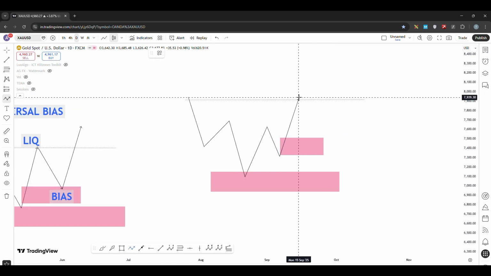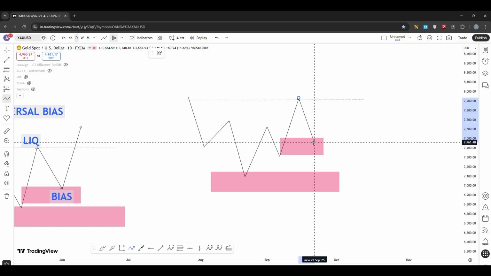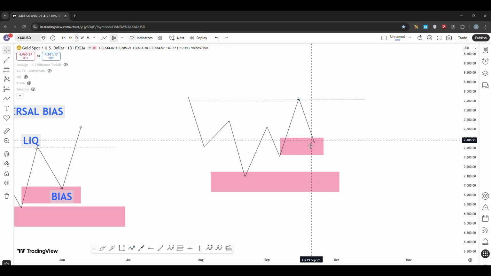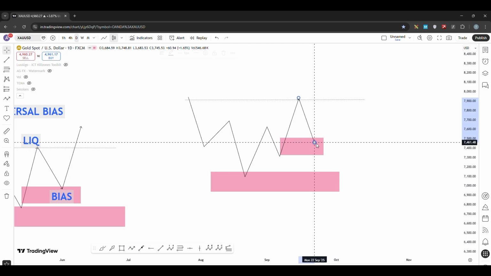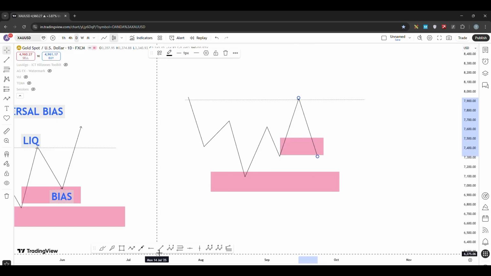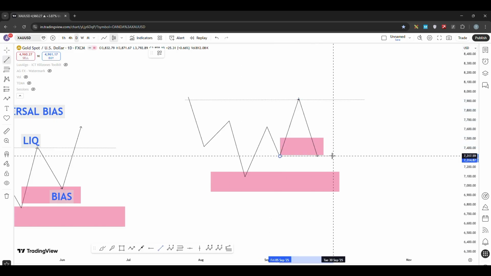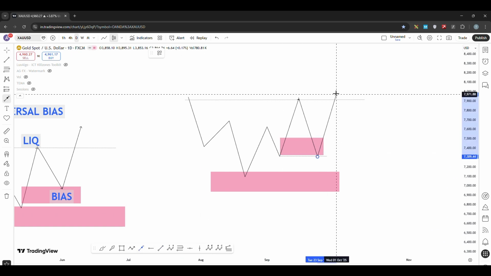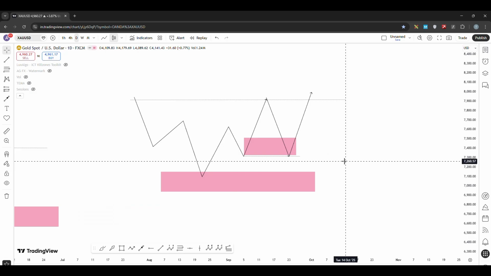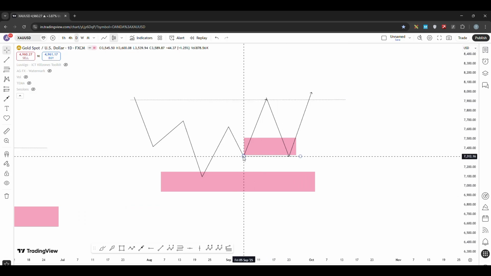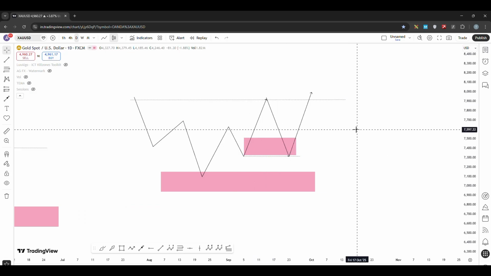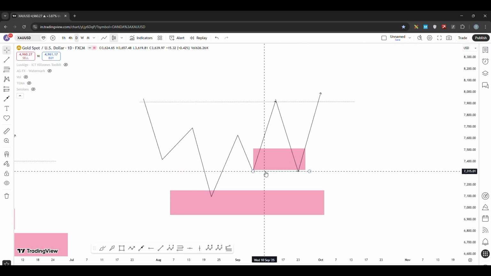And now after taking the liquidity, market drops. So you were looking for an entry from this POI, but market does not move from the POI. Market comes all the way down to take out this liquidity, and then market moves from here. So this is a move between a liquidity to another liquidity. Obviously, you won't focus on the liquidity itself.